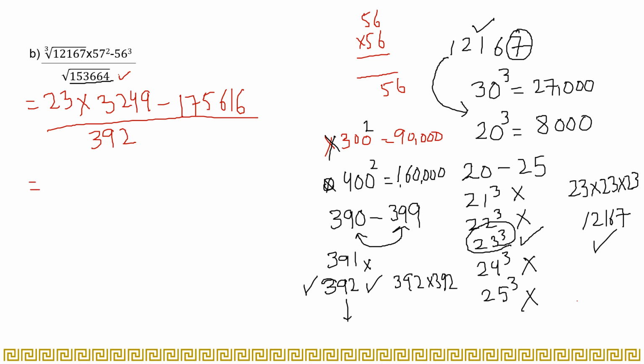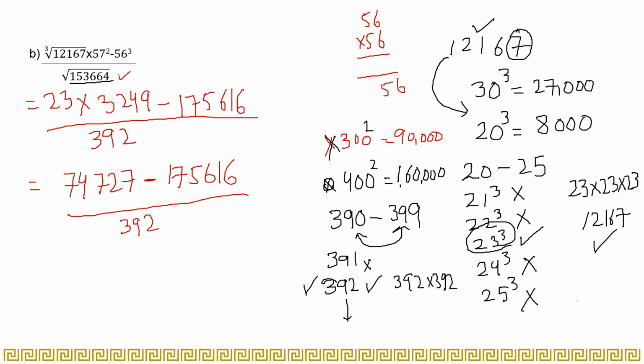Now multiplying 23 and 3249, what will you get? 74727, right? And you have to place the minus sign here, 175616, right? And divided by 392.